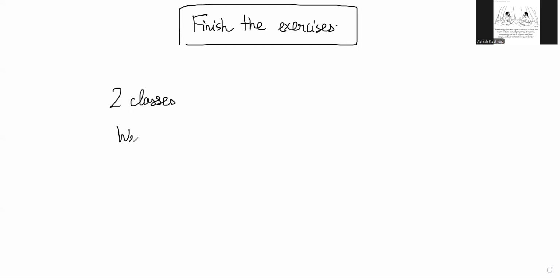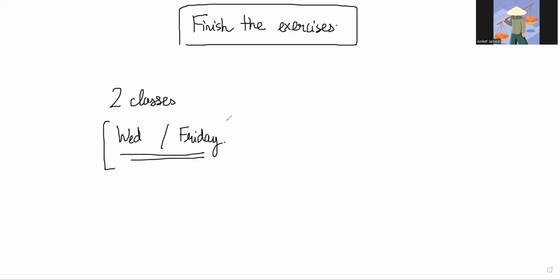One class will be on Wednesday, one class might be on Friday, and that's it for quadratic equations. So if you have doubts, you need to ask in the next two classes. If you don't have any doubts by then, that is up to you. After that, I will be moving to sequence and series.